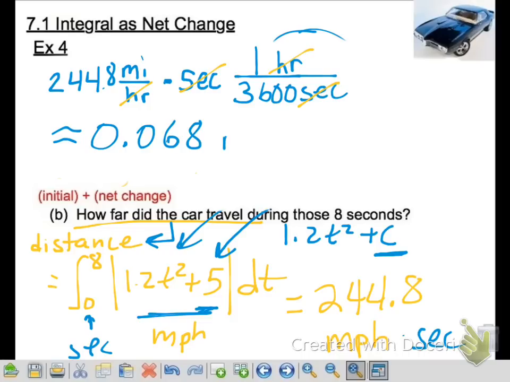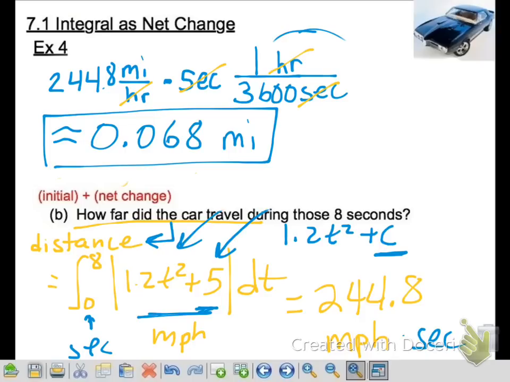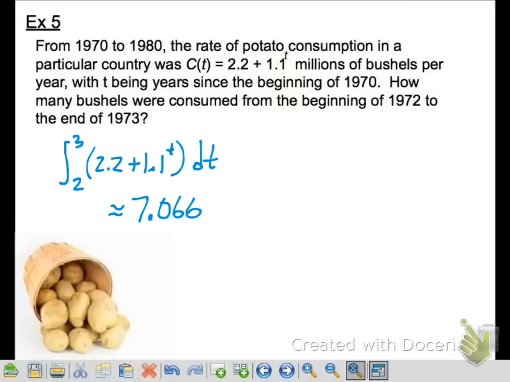I'm left with a convenient unit of miles, which is also a unit of distance, which makes sense to us. And so our answer would be a very small decimal, but it makes sense because we've only gone for 8 seconds.